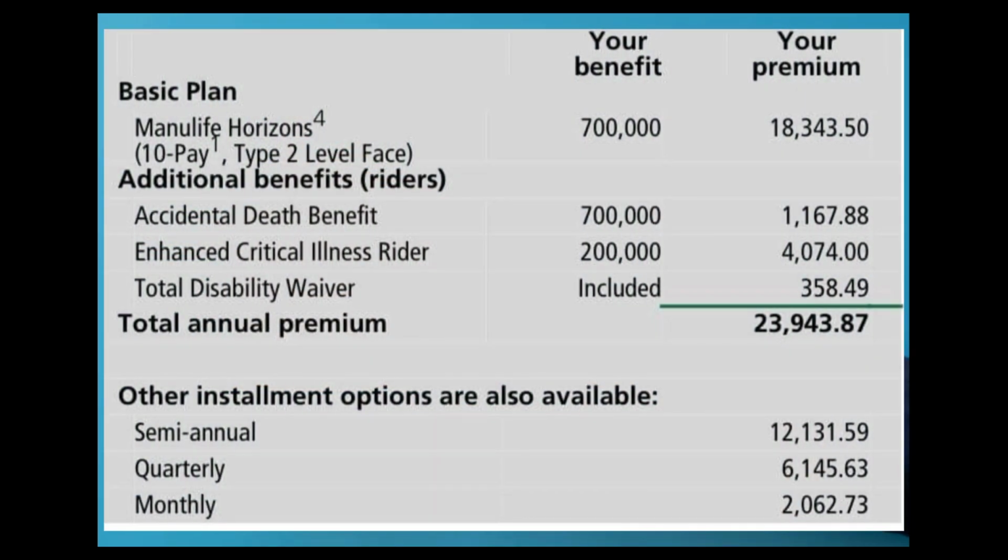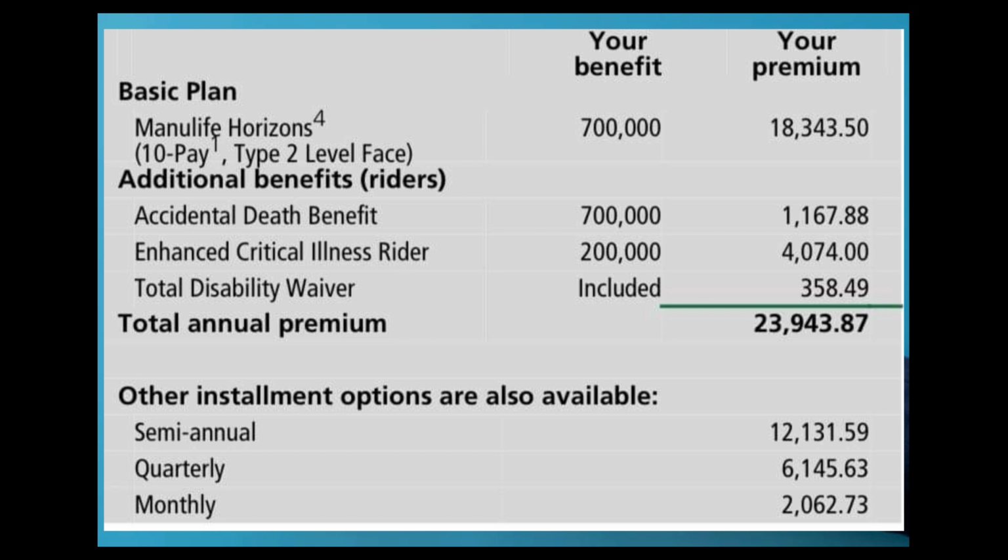With this illustration, the benefit of the client is 700,000, meaning to say if the insured dies, usually 100 or 150% of the benefit goes to the beneficiaries of the client.